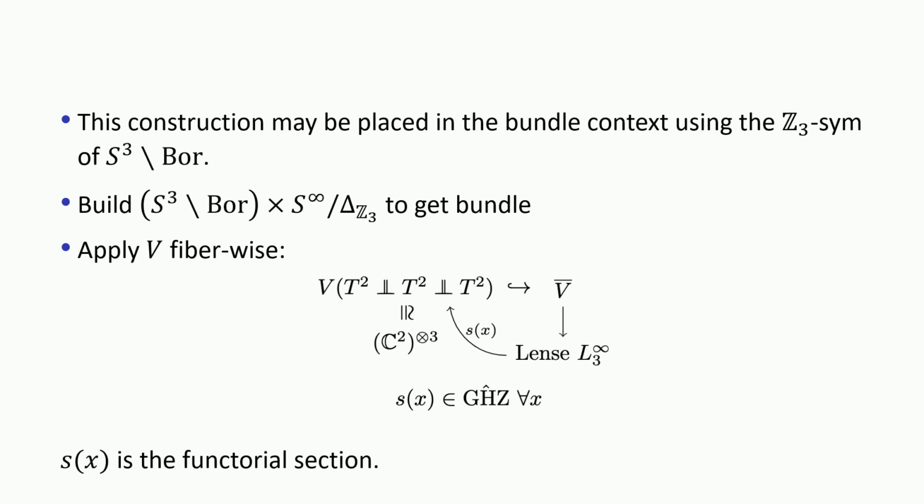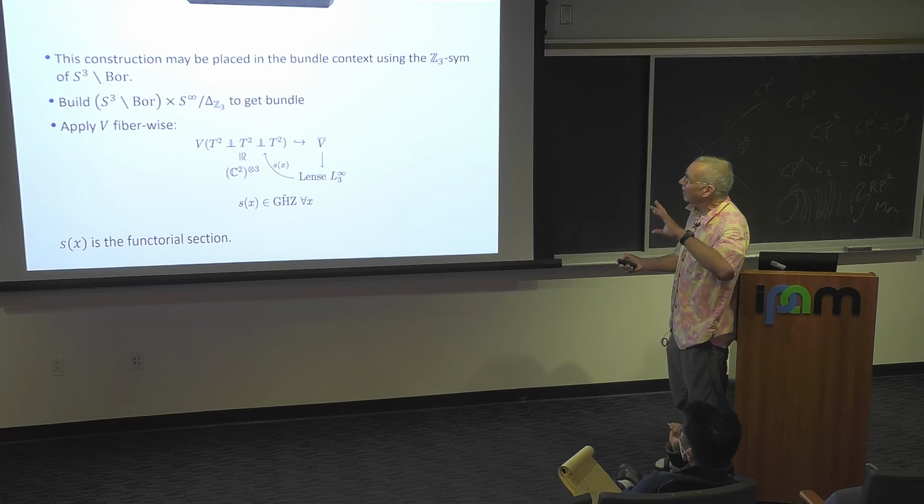Click, click, click, right? So we can build an infinite dimensional bundle, actually, based on this symmetry, where we take the Borromean ring complement, cross it with, call it, S infinity. You can just think of it as a large odd dimensional sphere, and look at the diagonal action of S3. So if you just act diagonally on S infinity, you get the infinite dimensional lens space, L infinity 3.